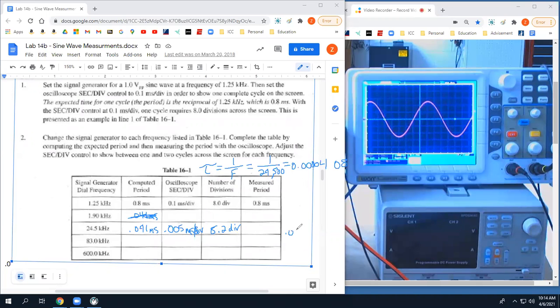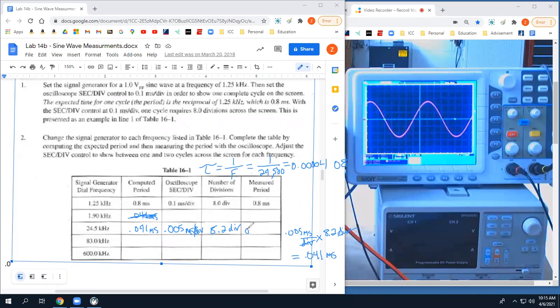So 0.005 milliseconds per division times 8.2 divisions equals, that cancels, that cancels, .041 milliseconds.